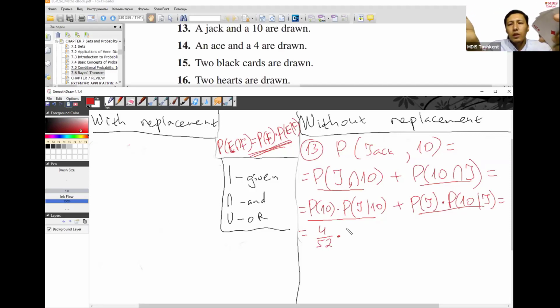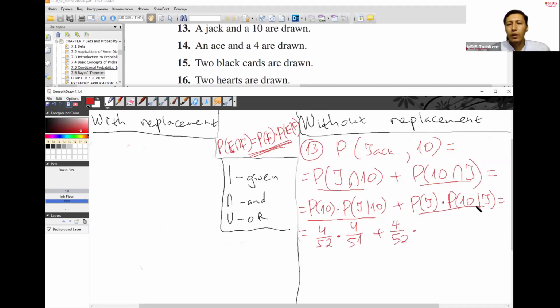What's the probability of choosing jack? If you take out 10, how many cards are left? 51. How many jacks left? Still 4, because the first one was 10. So then P of jack: we have 4 out of 52.